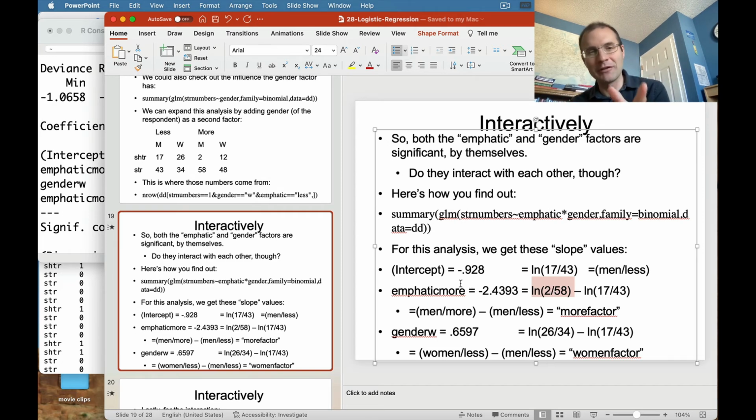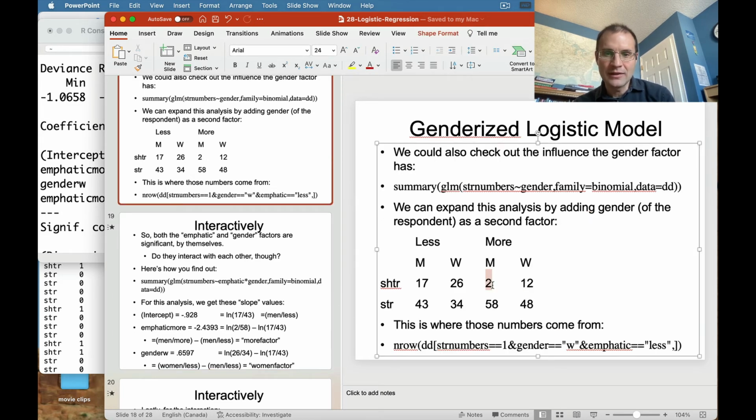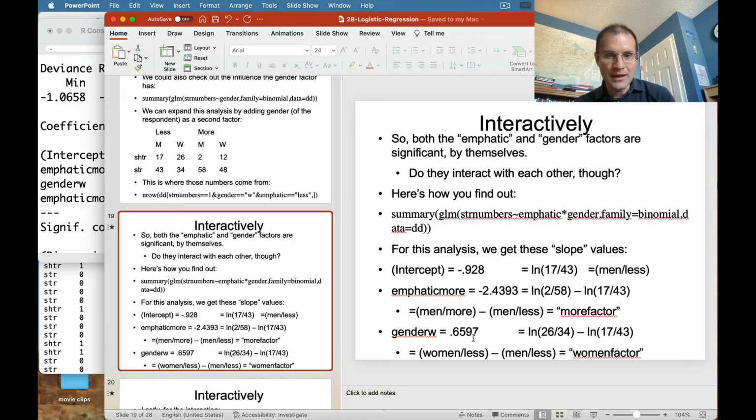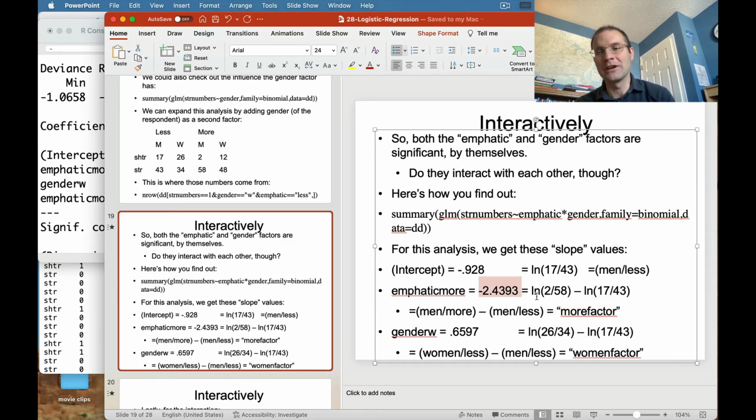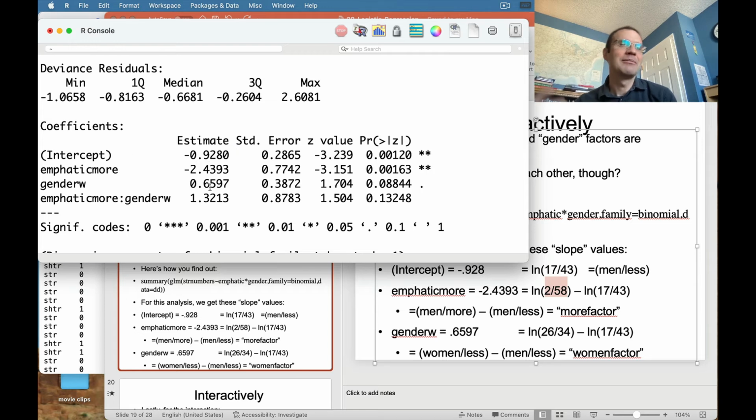So you keep the men part of it constant, and then you shift from the less to more emphatic context, and you wind up comparing this ratio to this ratio alone, and we'll call that the more factor, but what that winds up being is negative 2.4393. This is a very small ratio, right? 2 out of 58. Okay, so that basically makes the number of STRA productions go down a lot. That's why it's a big negative number.